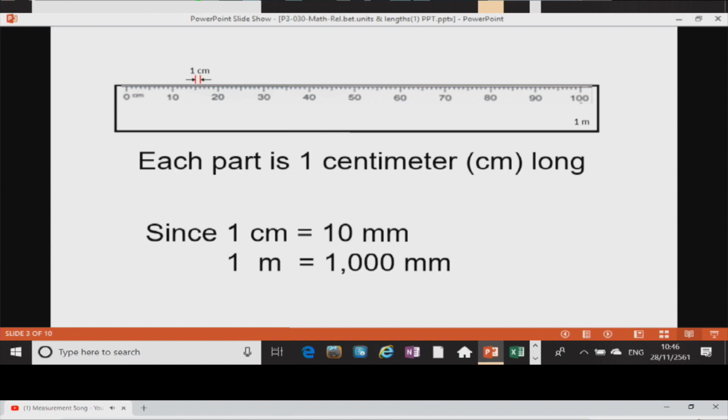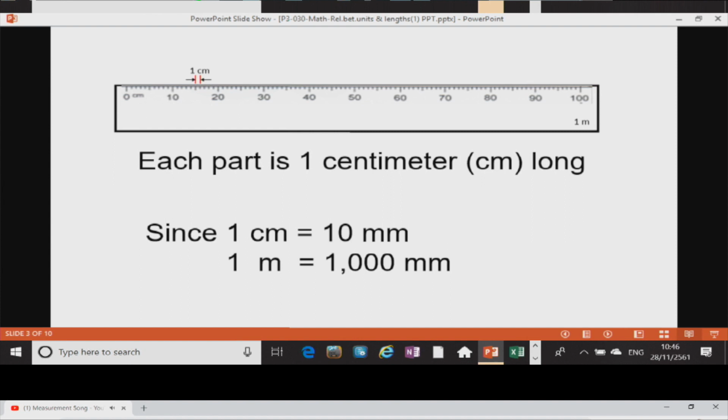So 1 centimeter is how many millimeters? 10 millimeters. So 1 meter is? 1,000 millimeters. Excellent. Like we did on the board exercise earlier. 1 centimeter equals 10 millimeters, so 1 meter is 1,000 millimeters.